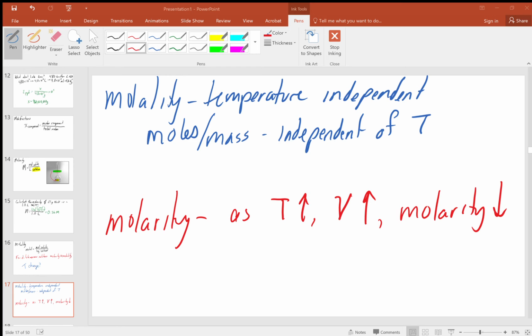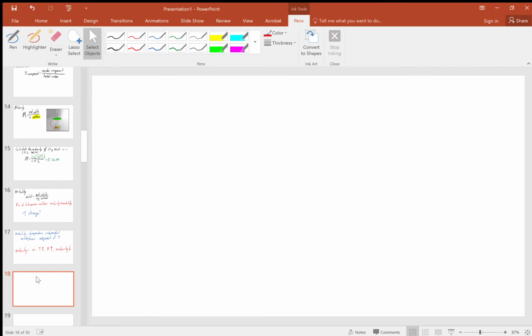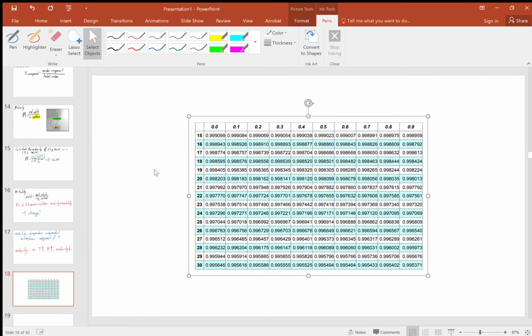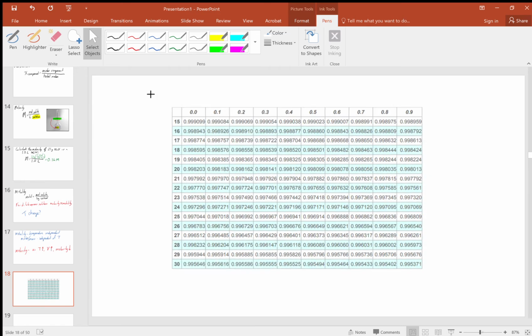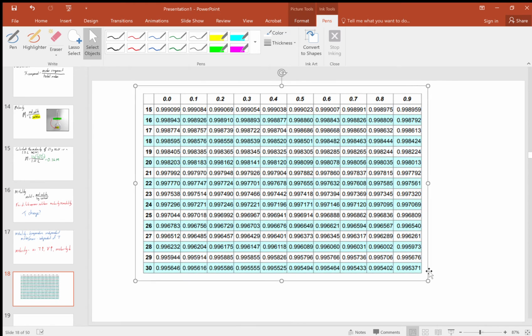But you can even see, for example, and this chart is extremely detailed, this comes from the CRC Handbook of Chemistry and Physics, as our temperature changes.